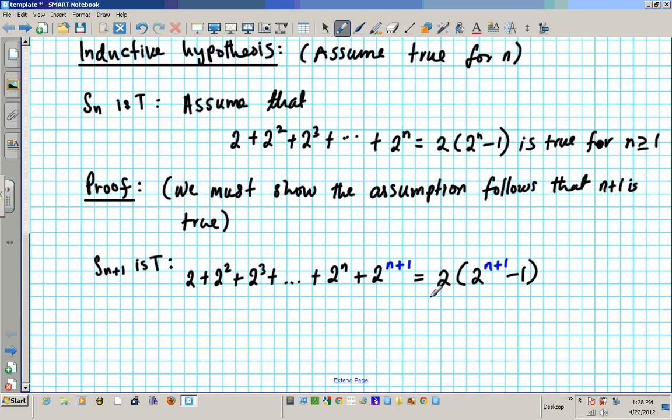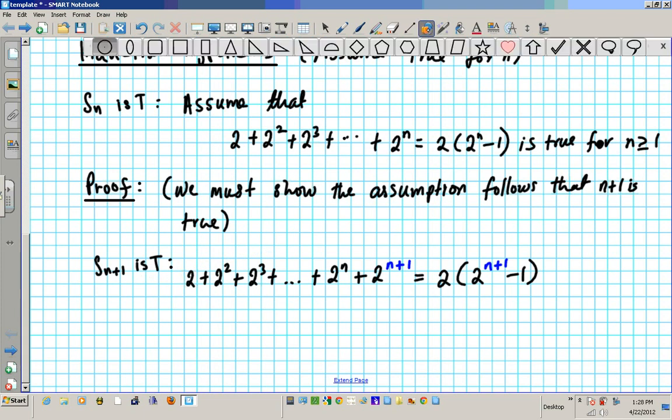If I can show that this is an accurate inequality based on this assumption, then I'm done. Okay? So first of all, we're going to start by making a substitution. If I take a look at the first part of Sn plus 1, this statement right here, let me box it so you can see.